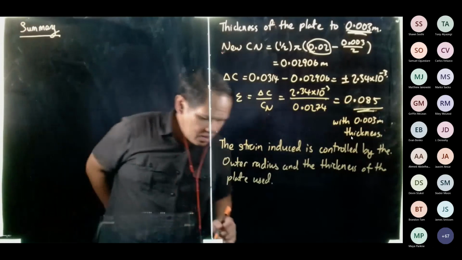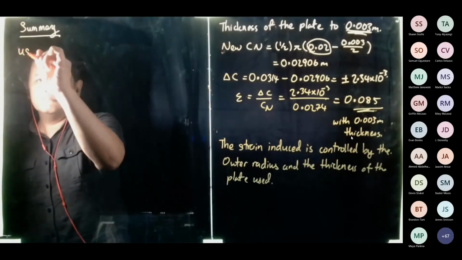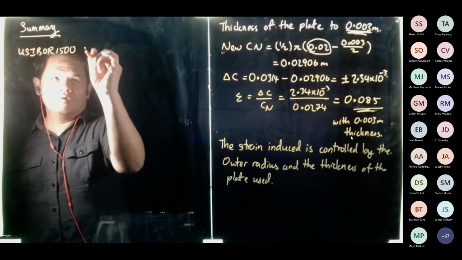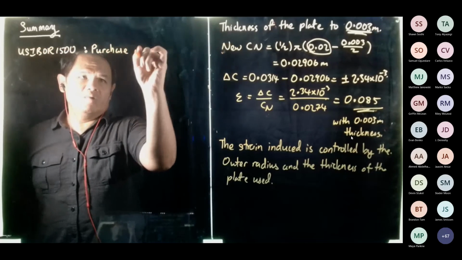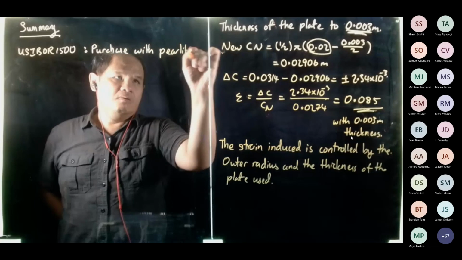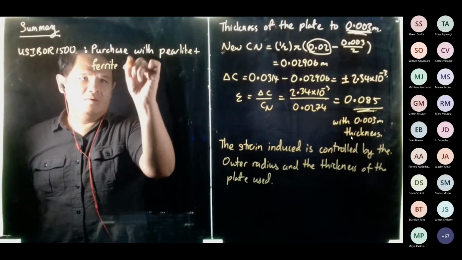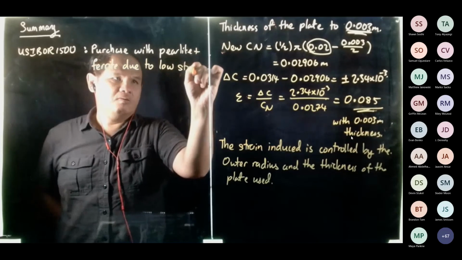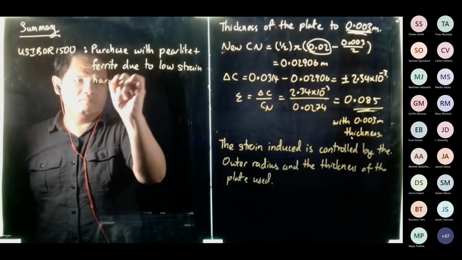In summary, if we look at foosball, we found that we have to purchase pearlite plus ferrite due to low strain hardening behavior.